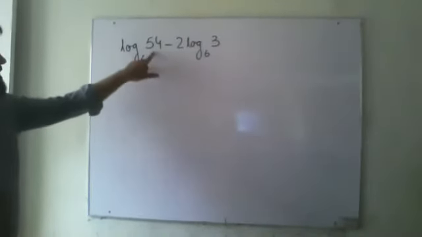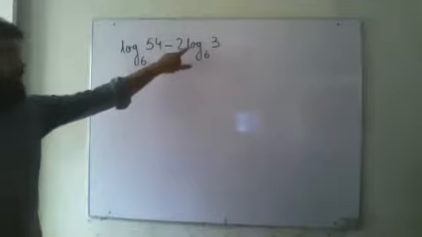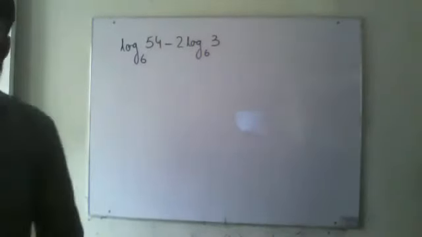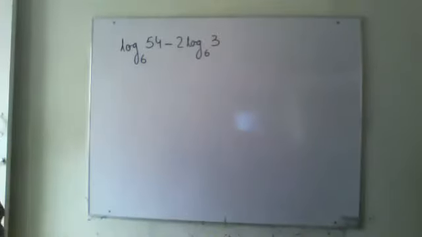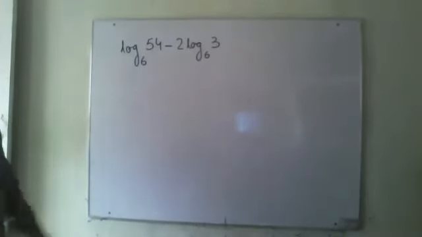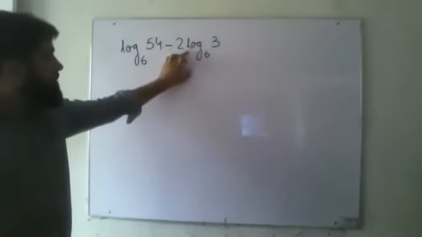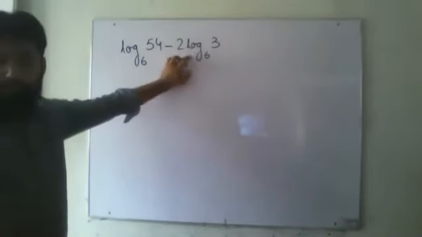This is my new question. Log base 6 of 54 minus 2 log base 6 of 3, and again they are telling us to evaluate it without using a calculator. First thing, see, there is a number written before log.